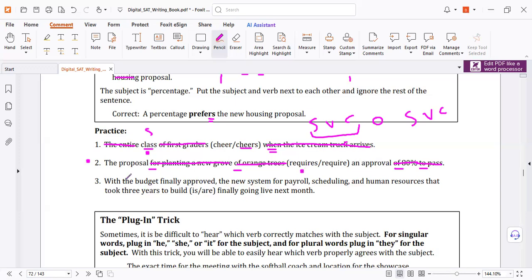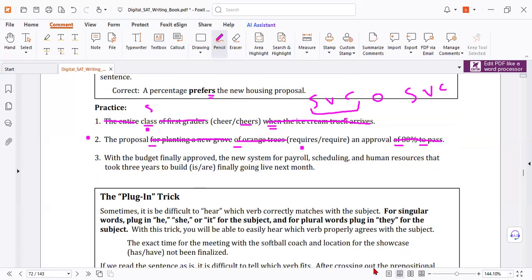Again, in the test, of course, we'll test you with a long sentence. Follow the same rules. Delete the phrases. With the budget finally approved, the new system of payroll, scheduling, and human resources that took 3 years to build is. So what can I do now? Follow the rules, my friend. Here, preposition phrase, delete.